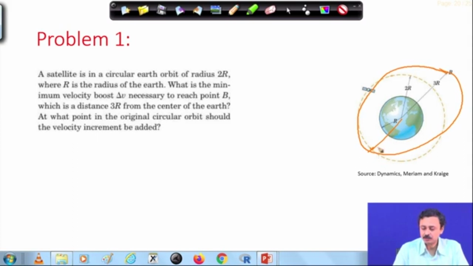So, this should be the point from where theta is being measured and theta equal to 0. So, this is R min and the other side is R max. Let us see the solution of this.